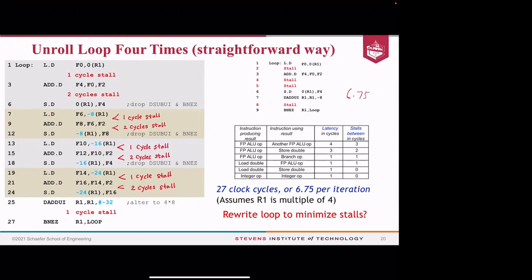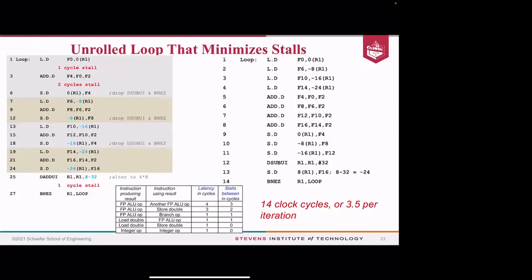Well, our question is, can we rewrite the loop to further minimize the stalls? The answer is yes. How do we do that? From the left side, we have load, add, store, load, add, store, load, add, store, right? So can we put the loads together so that the stall bubbles from this load to this add are filled by the follow-up instructions?